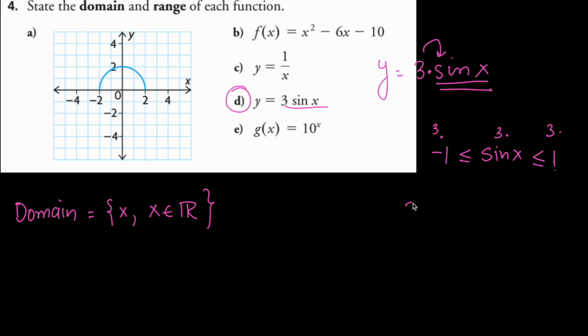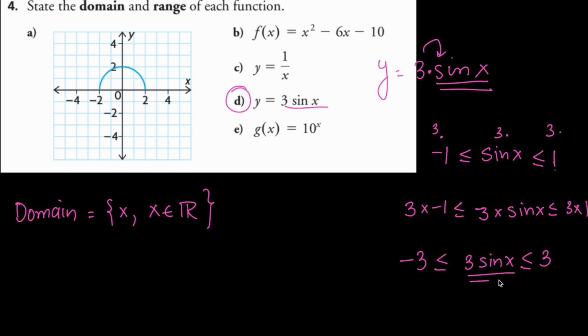That means this becomes 3 times -1 less than or equal to 3 times sin x less than or equal to 3 times 1. So 3 times -1 is -3, less than or equal to 3 sin x, less than or equal to 3. Now 3 sin x is nothing but y.